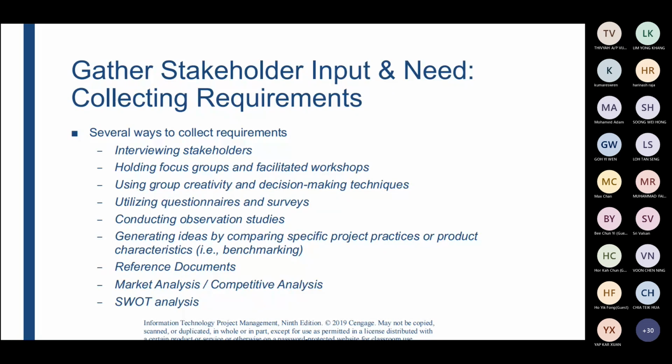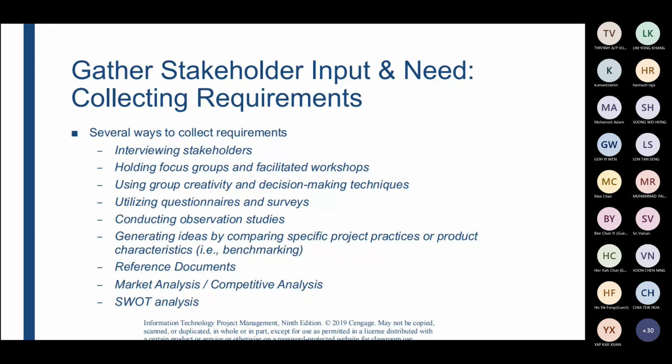We are also required to do some market analysis and competitive analysis, so that what we're going to produce as the project product is sellable in the future and needed in the future.